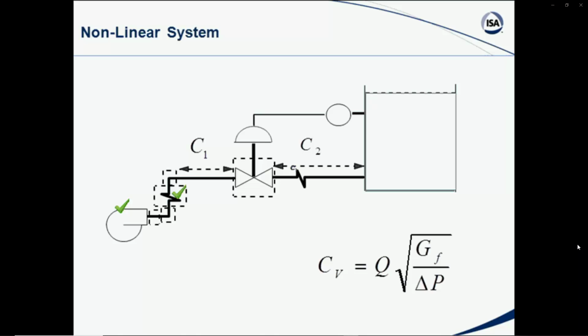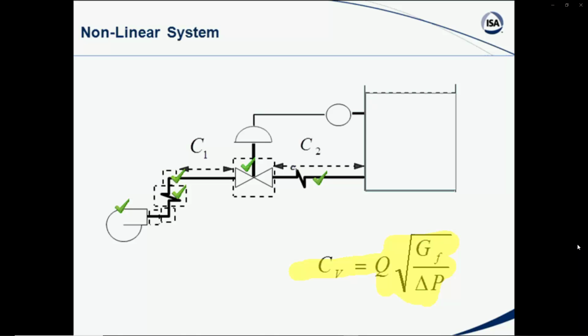You have elevation changes. You have frictional losses in the line and in elbows. You have frictional losses in different places.